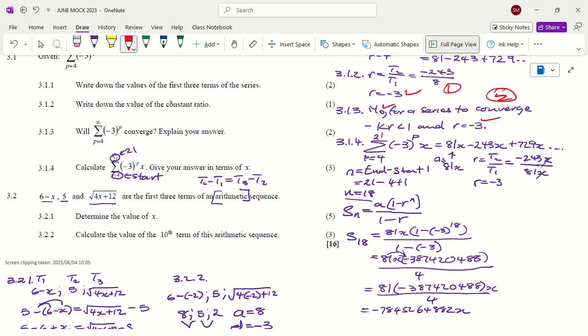Then now you get a mark for the number of terms, which is 18 terms, right? And then the value of the first term, which is 81x. That's your second mark. And then correct substitution is your third mark. And that is 3 marks.